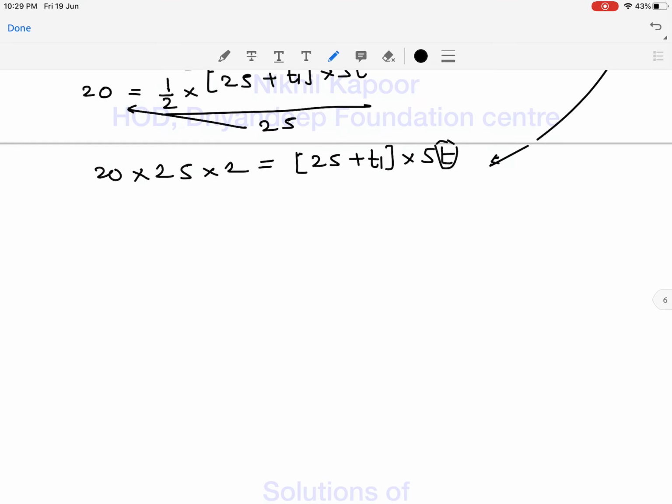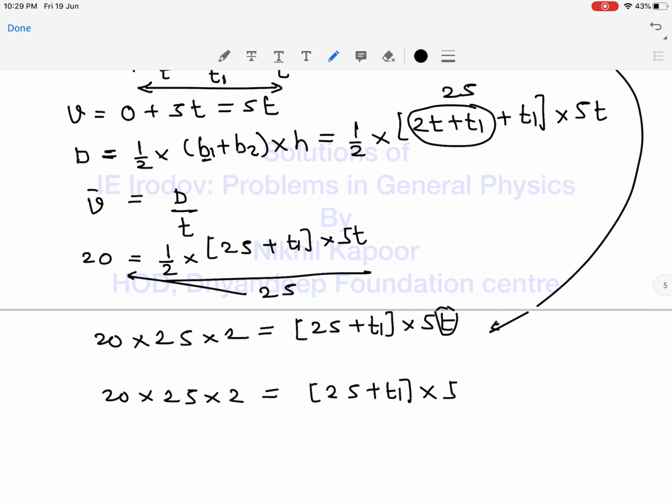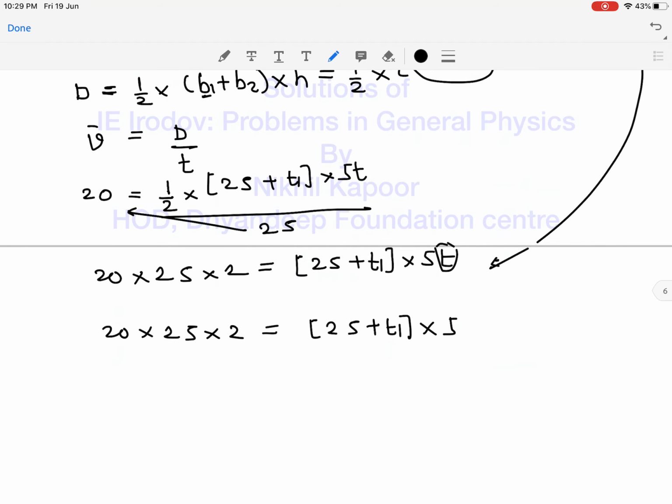So it will be 20 into 25 into 2 is equal to (25 plus t1) into 5, while for the value of t I write (25 minus t1) upon 2.